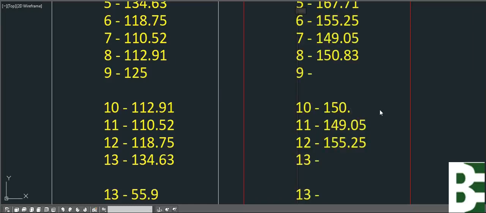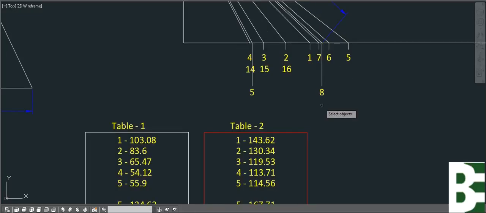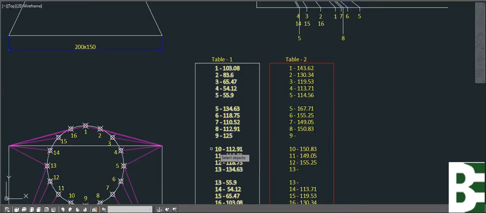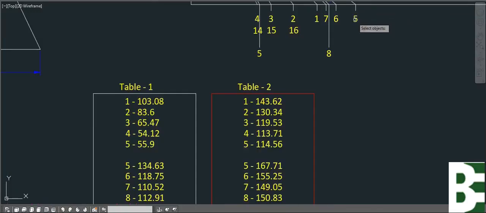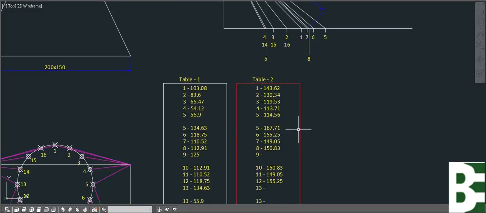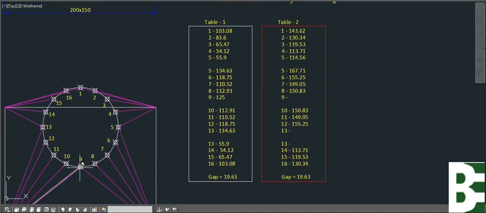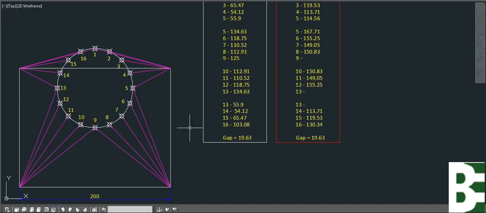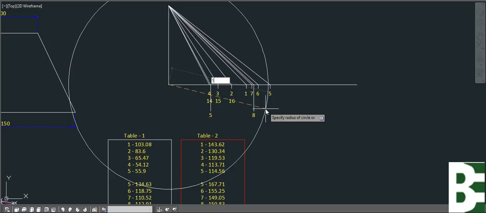Be careful while you are copying a dimension for the other side. This number 9 is also touching with two corner.